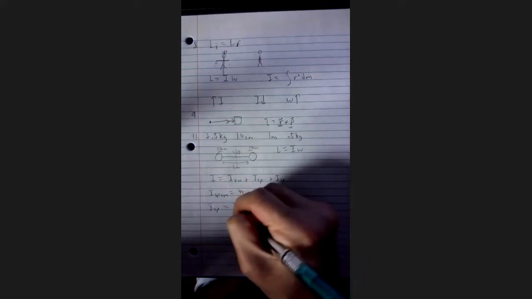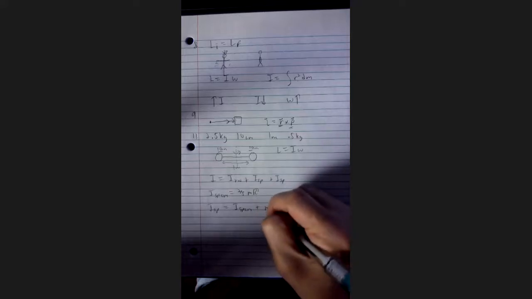So the moment of inertia of our sphere by parallel axis theorem is the moment of inertia about the center of mass plus the mass times the distance to the new axis of rotation squared. So this is our 2/5 mr squared plus our mass times half of the length of our rod plus the radius, squared.